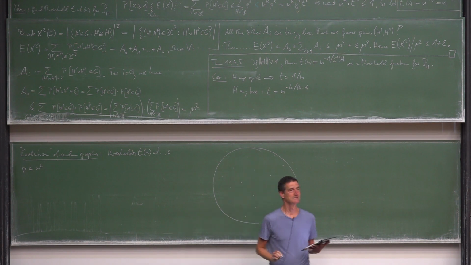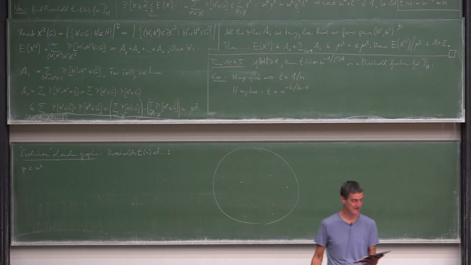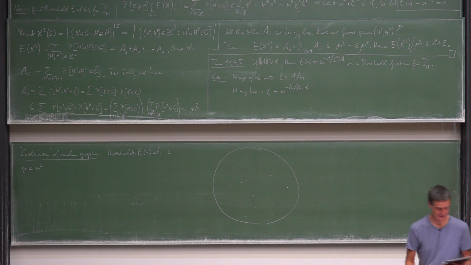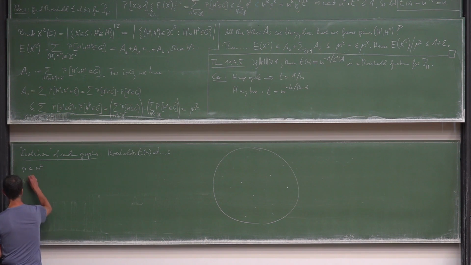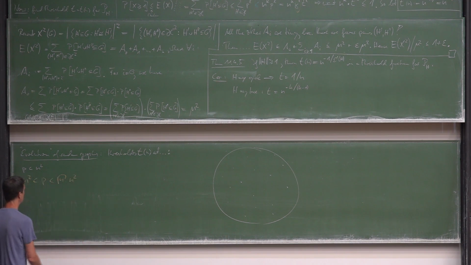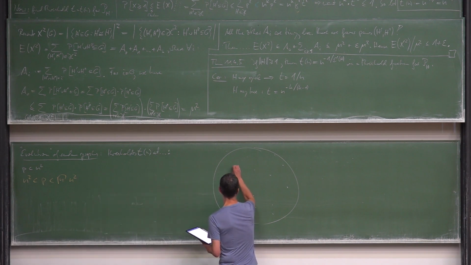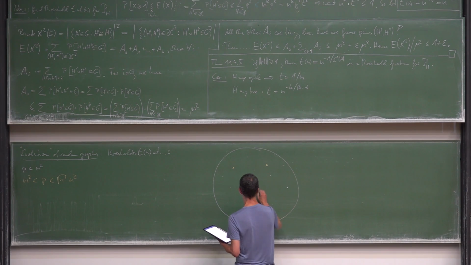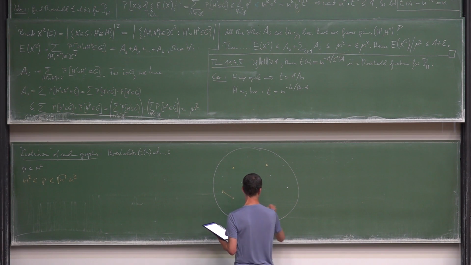Yes. Okay? So that's p less than n to the minus 2. Now, if p is a little bigger, so say n to the minus 2 less than p less than root n times n to the minus 2, right? Then the components are single edges or single vertices.